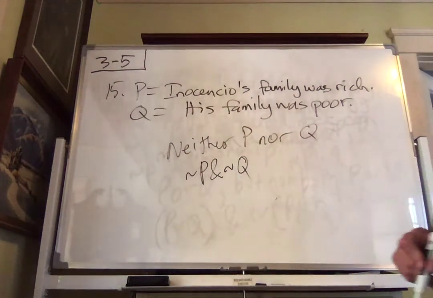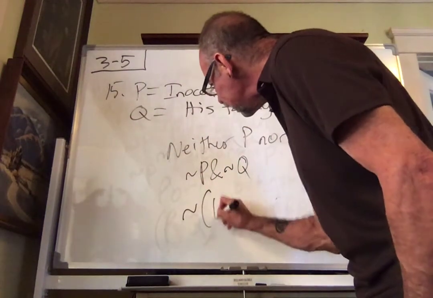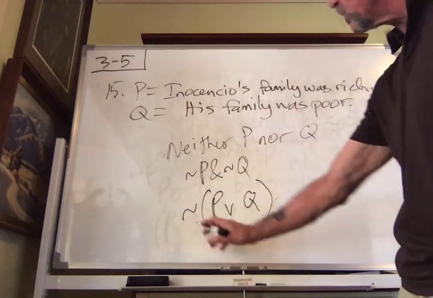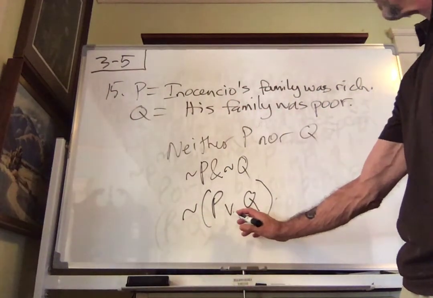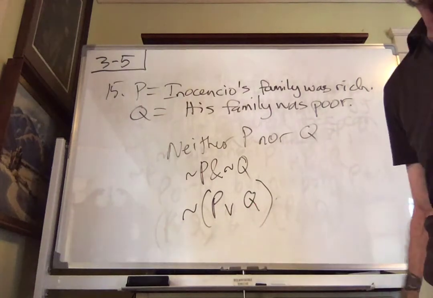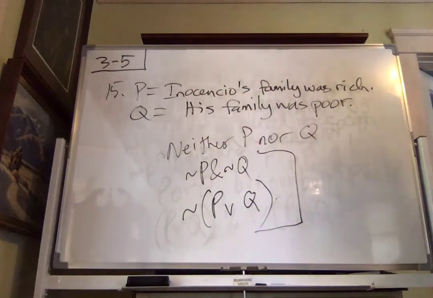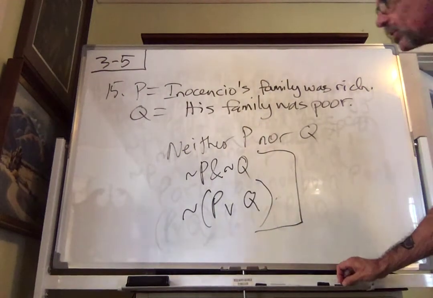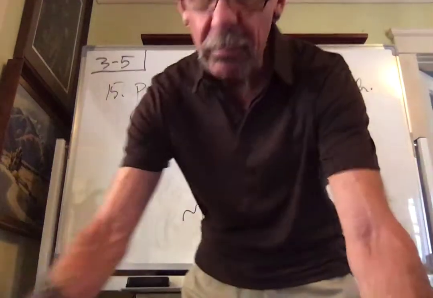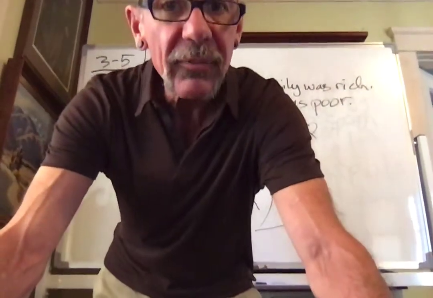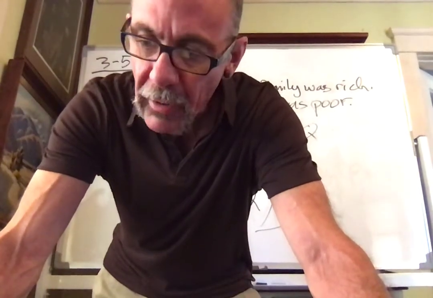Neither P nor Q means it is false that either P or Q. Putting that into words, it's false that Inocencio's family was rich or poor. These two formulae are truth functionally equivalent to each other, so either one is a completely correct translation for number 15.